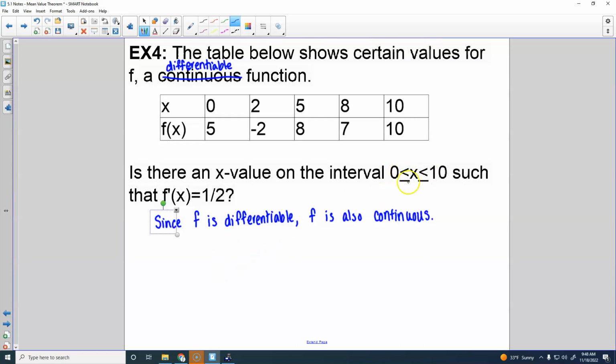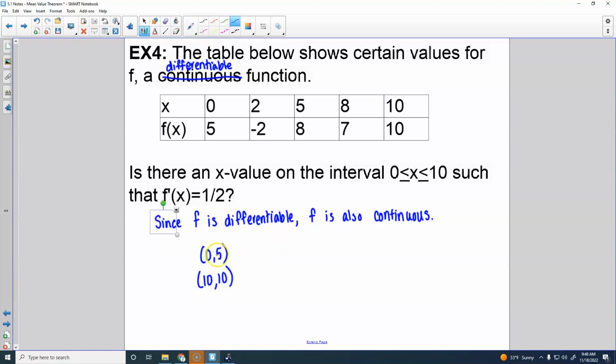If we look at the interval we're looking at from 0 to 10, we're going to hope that that's going to give us a slope of 1/2, because otherwise we really can't prove this. But usually they're giving you something that you can prove. So our points that we're looking at are 0, 5, and 10.